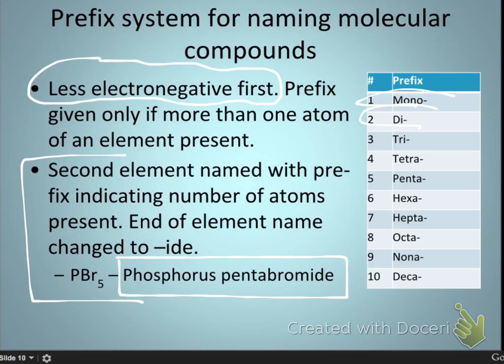So, first of all, let's go from I give you the name, you give me the formula. So if I have, wow, I can't spell, dinitrogen trioxide.